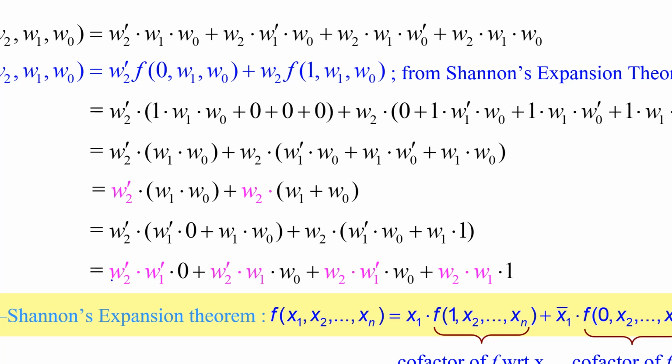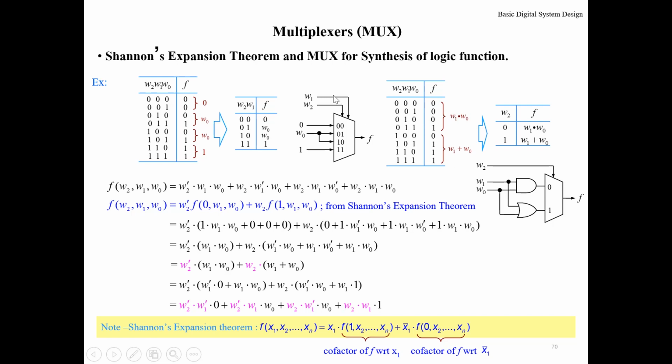So now your expression will show with this W1, W2 together with 4 combinations, which correspond to the 4 combination values of selector signal W2, W1 of the multiplexer.